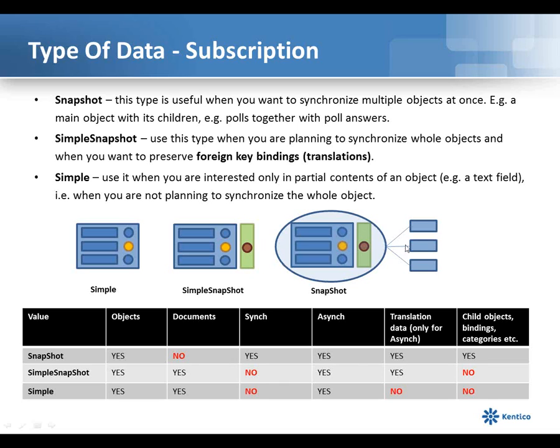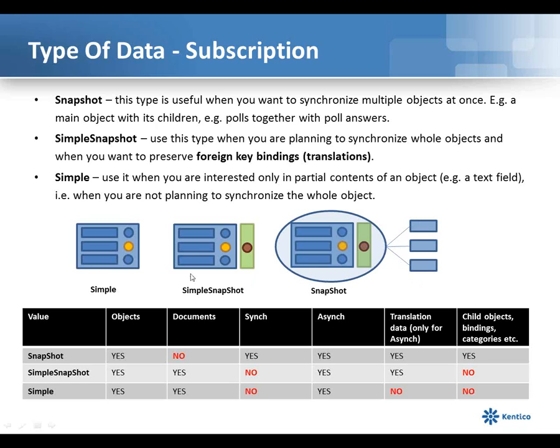And if you subscribe to the snapshot, that means you get the object, the translation table, and you also get the option to access, let's just say, extra objects like children of it. So imagine a poll itself has poll answers. So the poll's answers are child objects of a poll. So you get access only to those, or also to those. So it depends what you want to do.